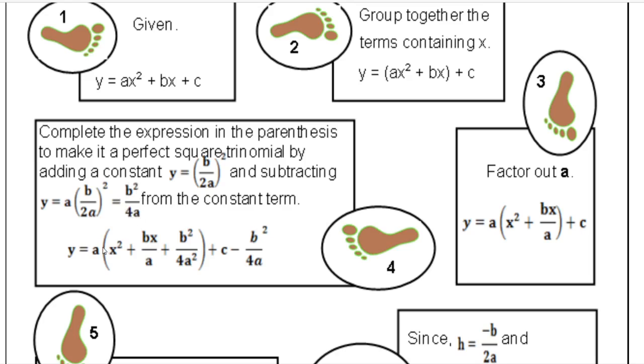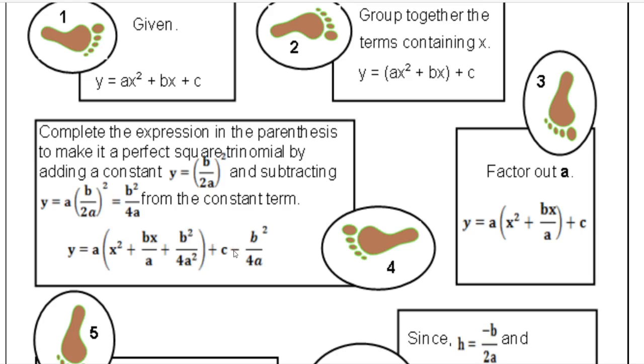That is if your a is not equal to 1. If it's just 1, you don't need to have this one like this. So this is for a which is not equal to 1. So again, you will add here one half of b over a, then square it, then this is the answer.